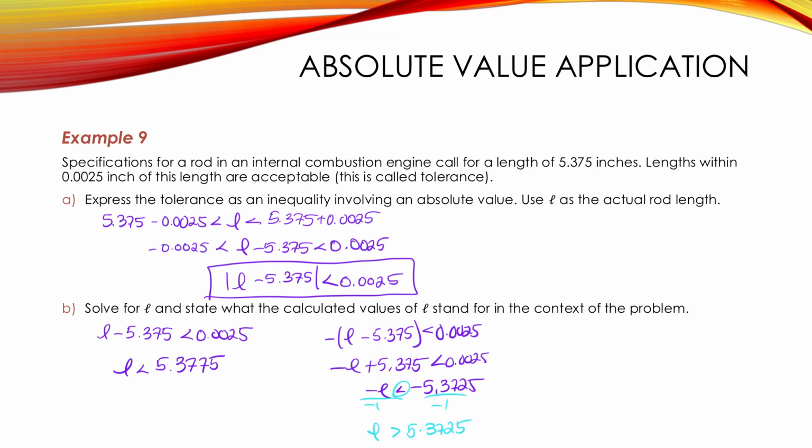So that tells us then that L is less than 5.3775 and greater than 5.3725, which means in the end, L is greater than 5.3725, but it's also less than 5.3775. So those are acceptable rod lengths, and these are in inches.